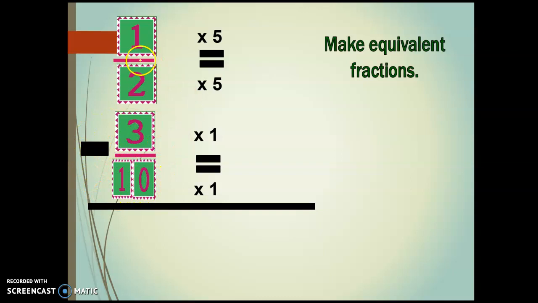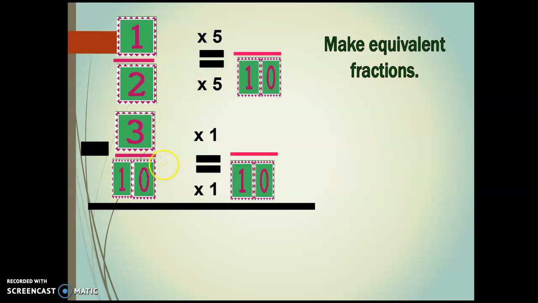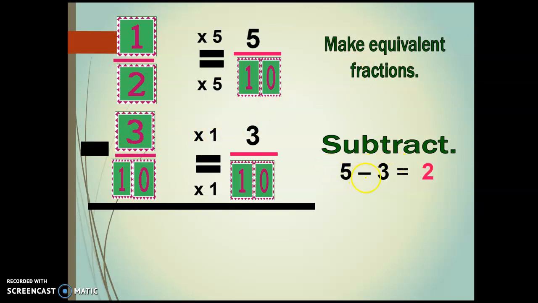Okay, so to check if they have the same denominator, we multiply 2 times 5, it's 10. 10 times 1, it's 10. And then 1 times 5, it's 5. But take note, the sign here is negative. So 3 times 1, 3. So we subtract 5 minus 3, that's 2. Okay, so we copy the denominator and then we write 2.